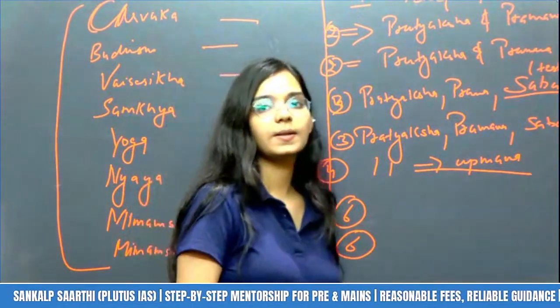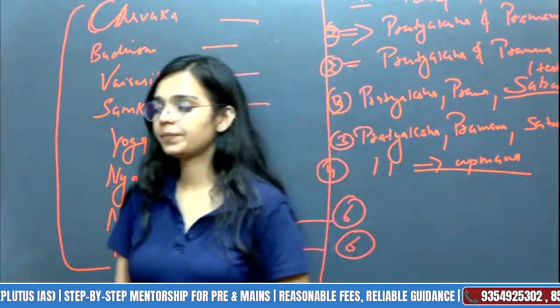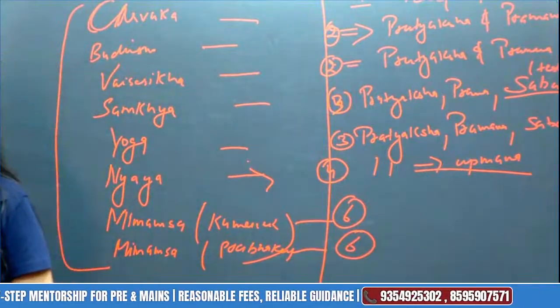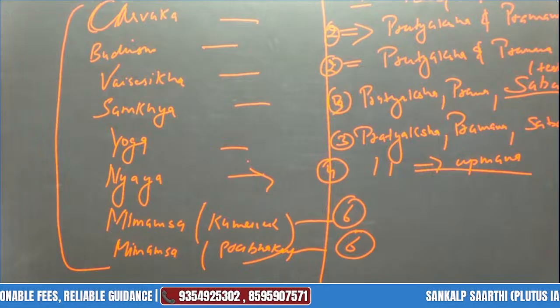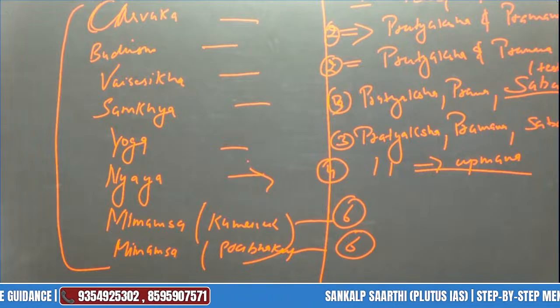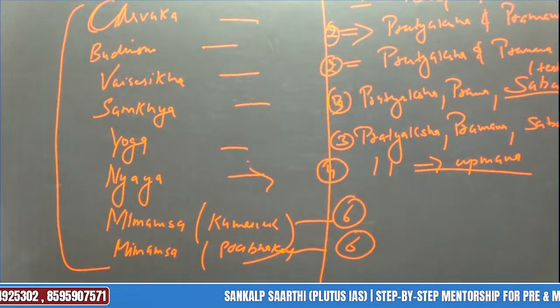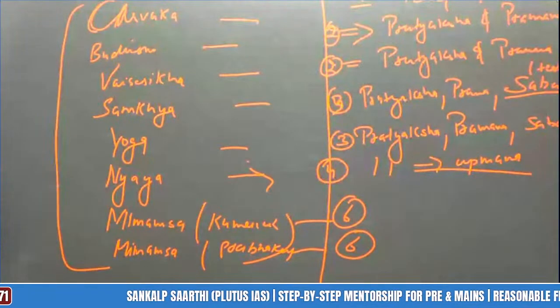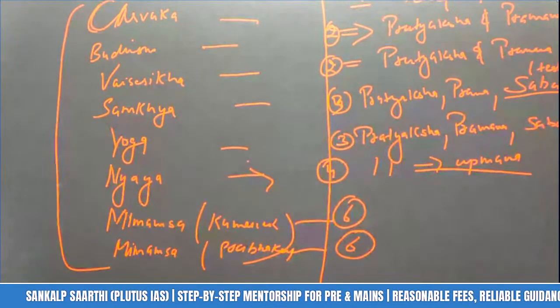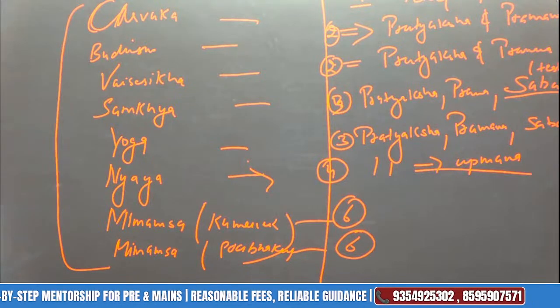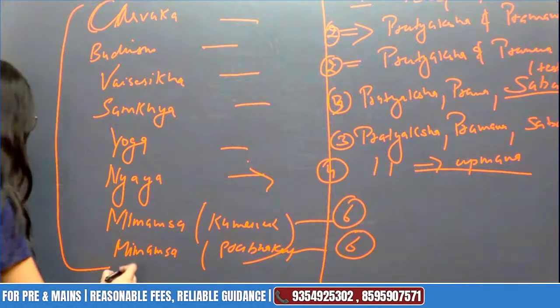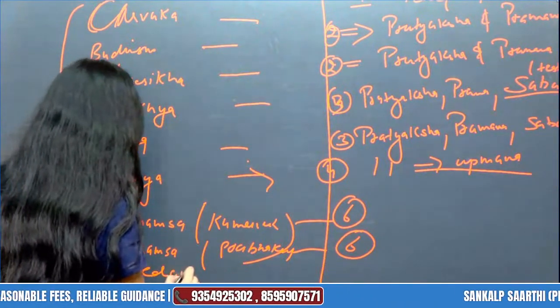What are those? Pratyaksha, Anumana, Upamana, Shabda, Arthapati, Anuplabdhi. Arthapati is postulation, and Anuplabdhi is non-perception. And even Vedanta also accepted these six.